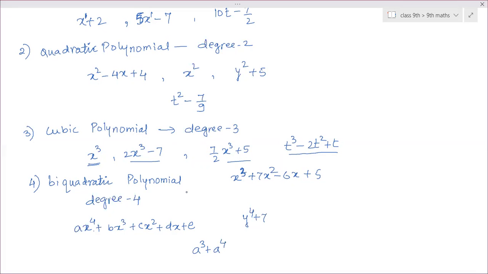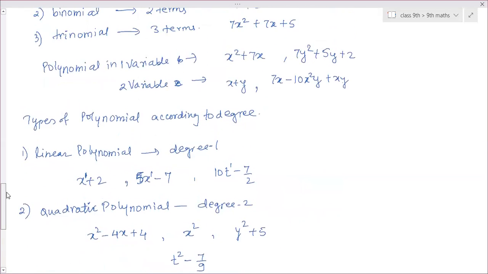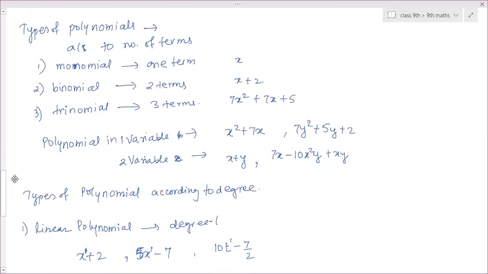Okay, clear? So write down these points. Types of polynomials. Ma'am, there are only 4 types. Yeah, more than that are there, but we are not supposed to consider them. We will consider everything as polynomial.